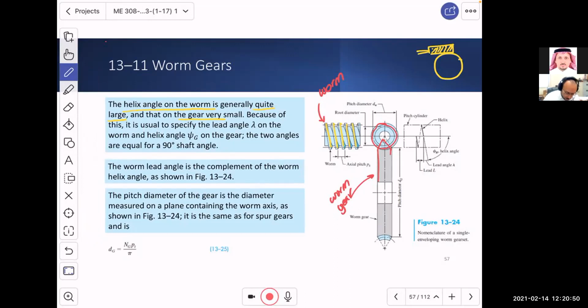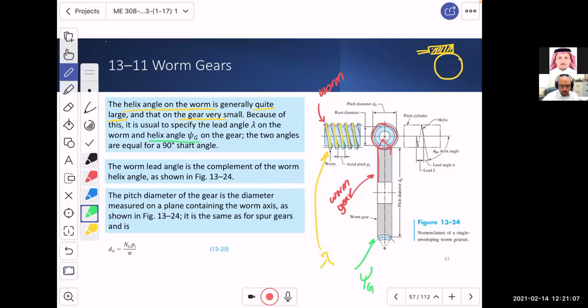Because of this, we are going to specify a lead angle, lambda, for the worm, and we are going to specify a helix angle, which is psi g, for the gear.